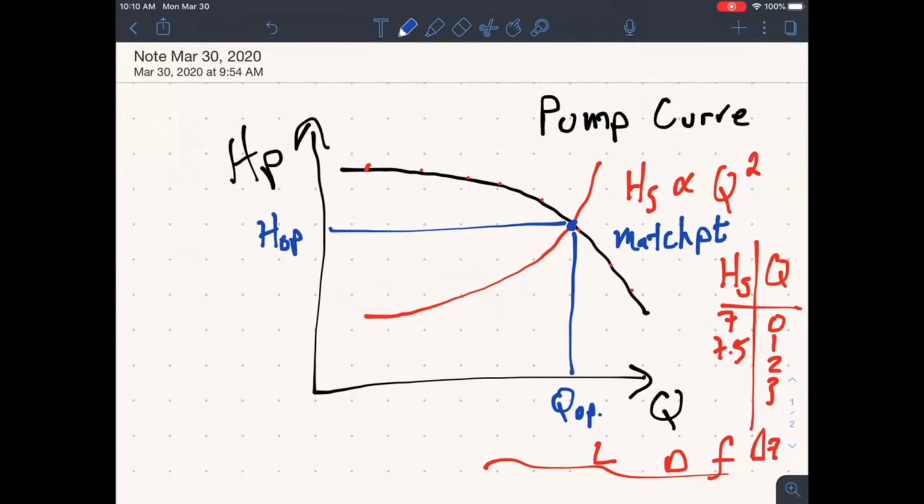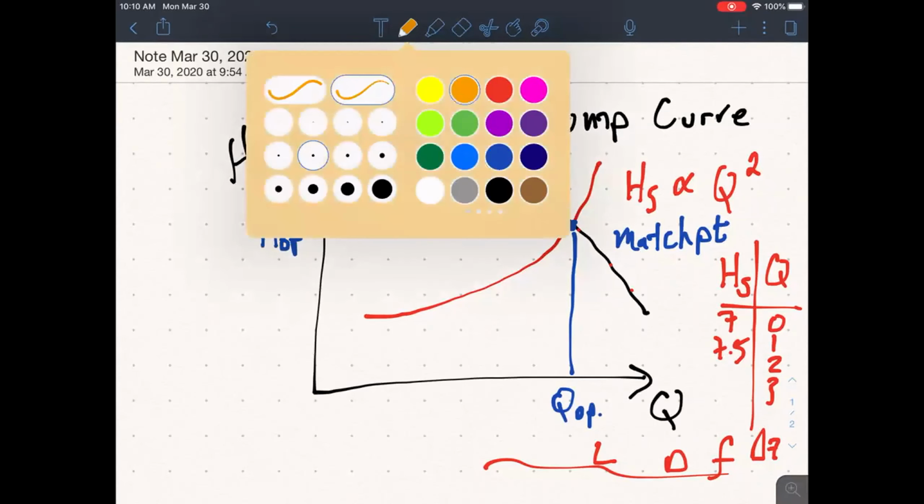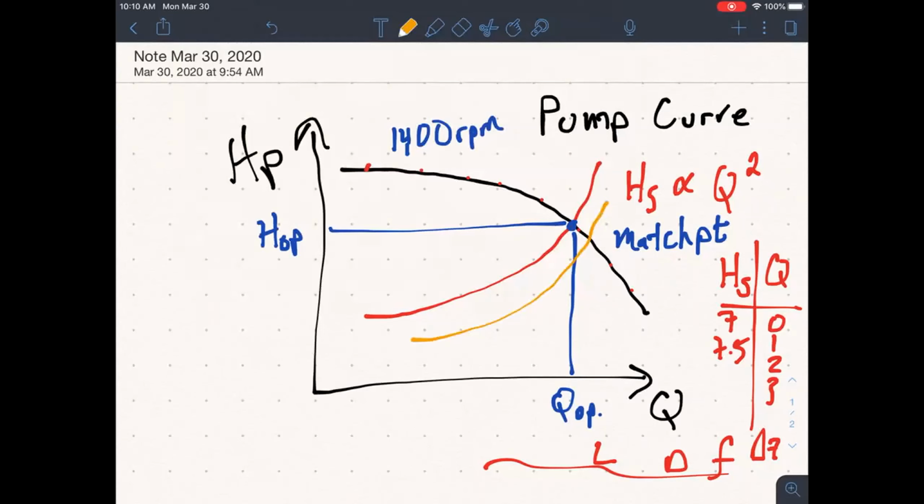For a given pump, maybe working at 1400 RPM with so much horsepower, that pump is going to operate at a certain discharge rate for the system. If we put that same pump on a different system, the curve for that system is going to look different, maybe like this, and we're going to have a different match point. So same pump, different operating conditions, flow rate, and head.